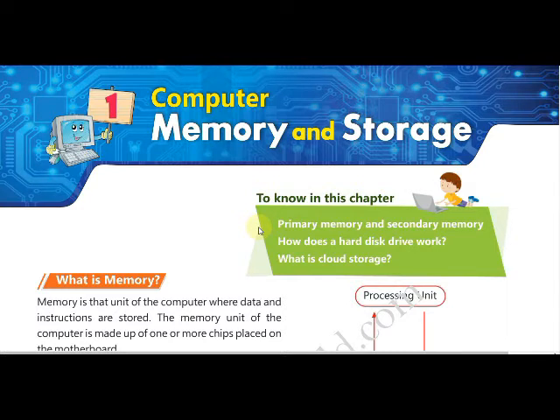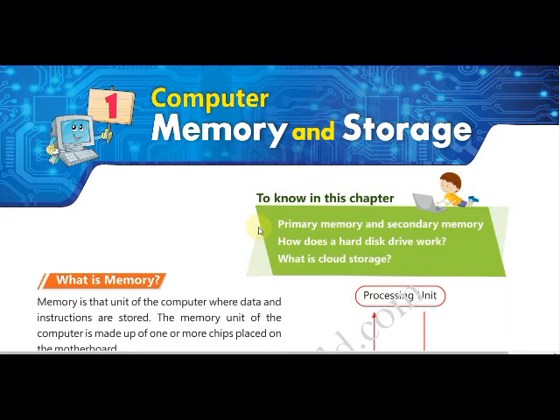Then the next one, SMPS. It is similar to a power station, which distributes power according to each component's capability. Then the next one is the hard disk. It is secondary storage. It will store data permanently.